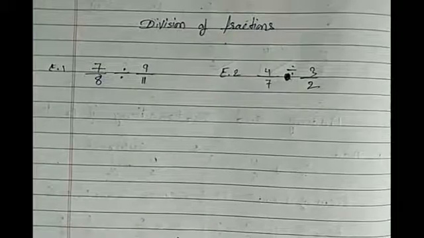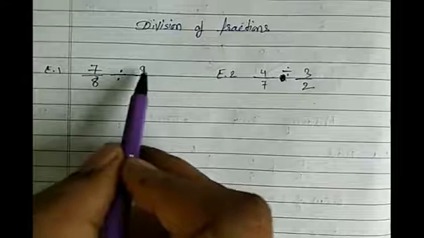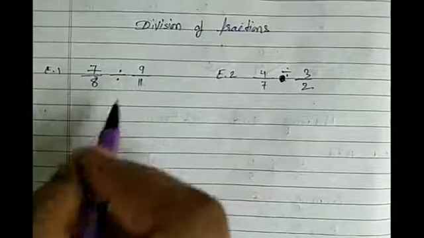In our previous videos, we discussed in detail how to divide fractions. So in this video, we are just going to revise the method. Now see, as I explained, direct division of fractions is not possible. It means if I divide 7 upon 8 by 9 upon 11, directly it is not possible.